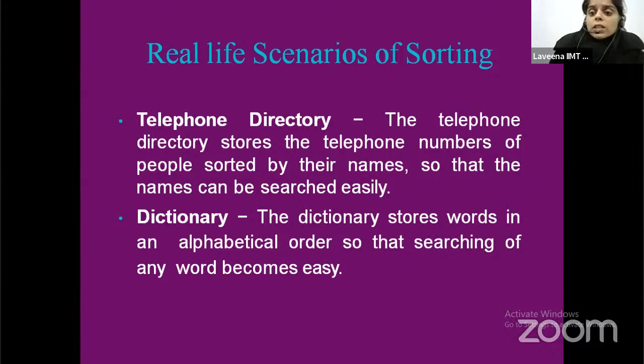If you find your telephone diary in your home or office, it is easy to use because it has been arranged in a sorted way from A to Z. Similarly, if I have to find the meaning of a particular word in a dictionary, it is also in sorted form. A dictionary stores words in alphabetical order so that searching for any word becomes easy, and I can easily find the meaning of that word.